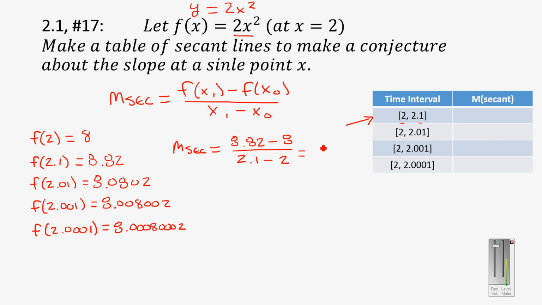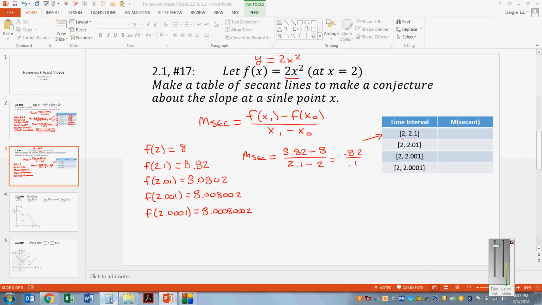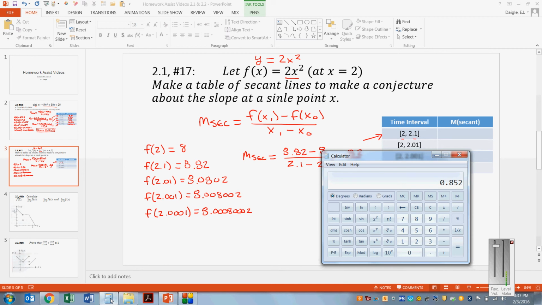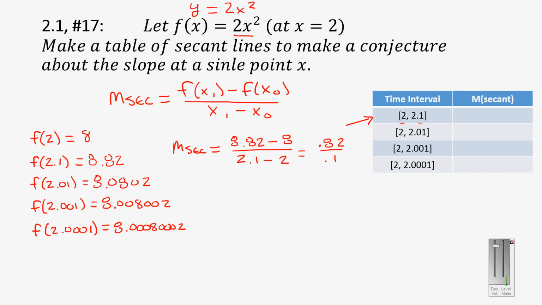So what does this equal? 0.82 divided by 0.1. And if you're not sure what that is, you could always go into your calculator again. We shouldn't need to do this. Fairly simple. 0.82 divided by 0.1. That's 8.2. Well, that makes perfect sense, right? So that comes up as 8.2 for my number over here.